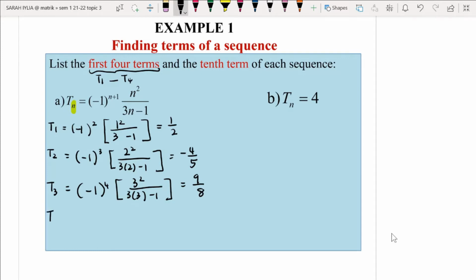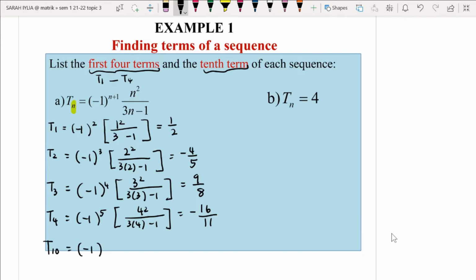And then, fourth term, negative 1 to the power of 5. So, 4 squared over 3 times 4 minus 1. We will get negative 16 over 11. And then dia minta the 10th term. Maksudnya last. Tunggu kat situ. 10th term, T10.